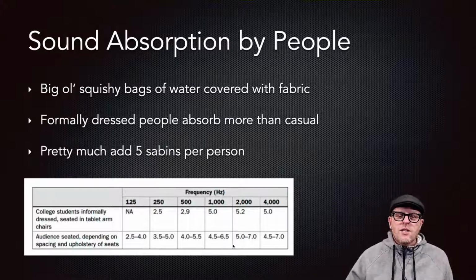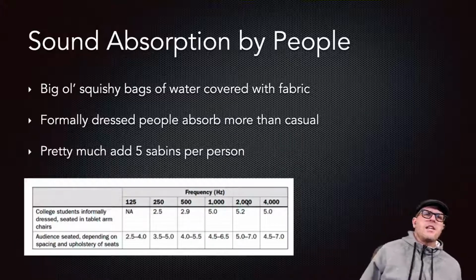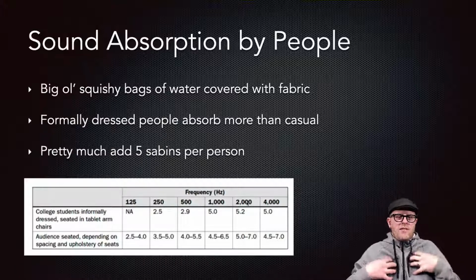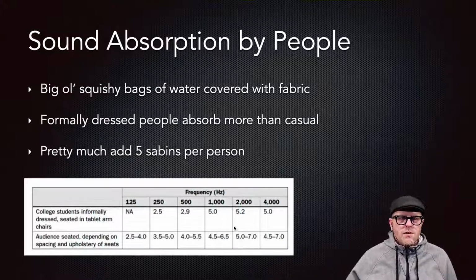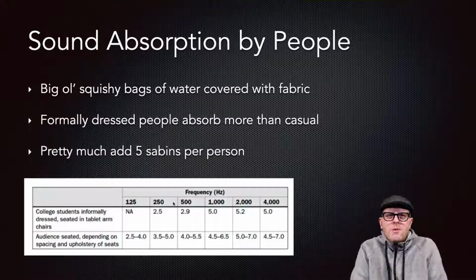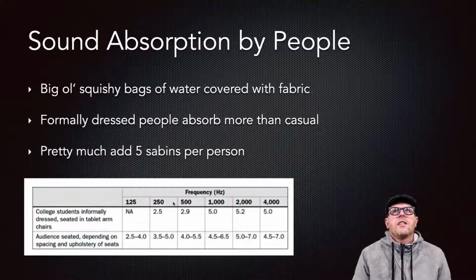So these aren't necessarily directly absorption coefficients, but it does give us a vibe on this thing. And when we think about this, we're squishy, right? So we can see that we actually absorb pretty well across the spectrum, which is kind of interesting. So when you add people into a room, they tend to absorb it down a lot more.